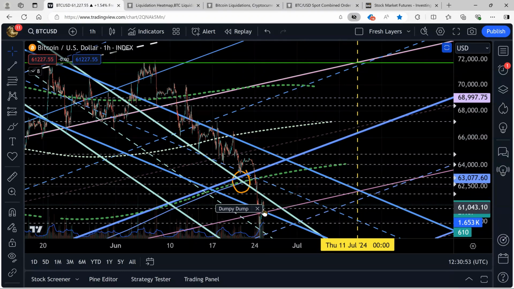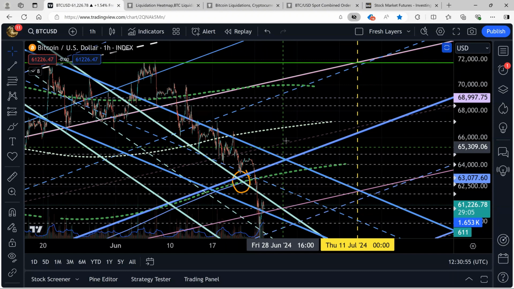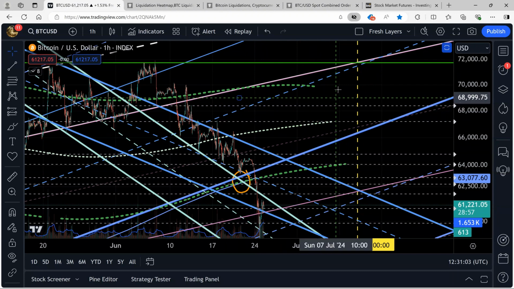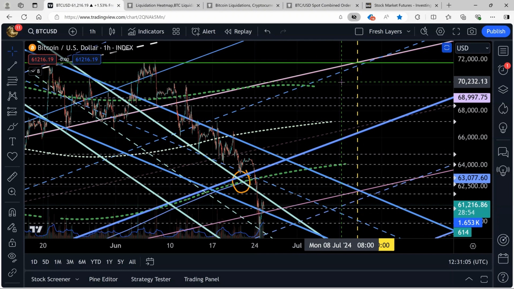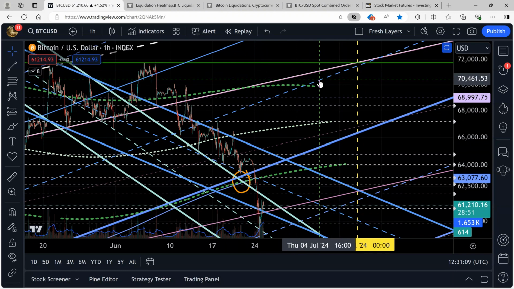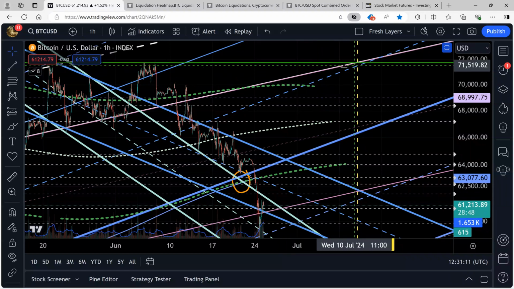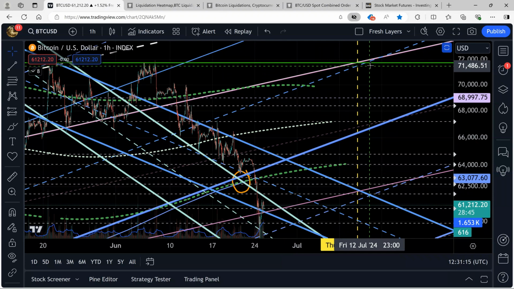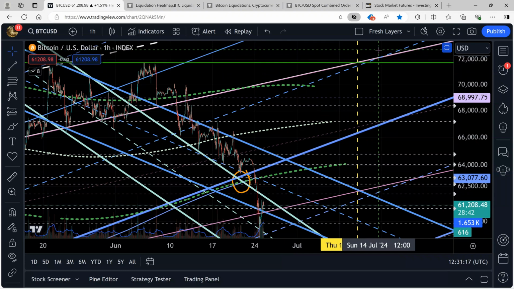So I think we do recover here, come back up just like this, come back up here at the end of the month. And then from there, we hold this as support and continue back up through the top of the daily Gaussian channel. Probably, maybe we see a rejection here before, come back down, get good numbers, and then continue onwards and upwards, something like that.